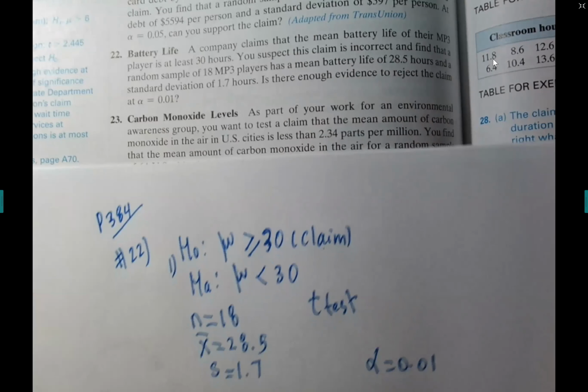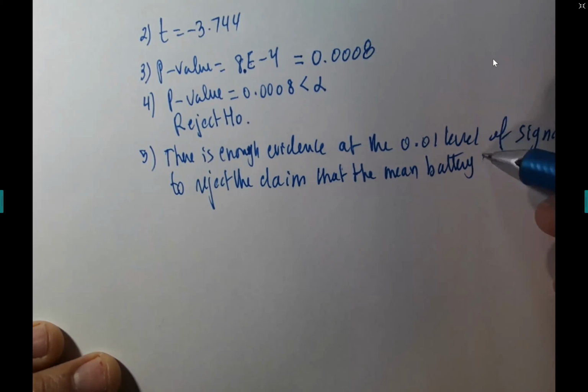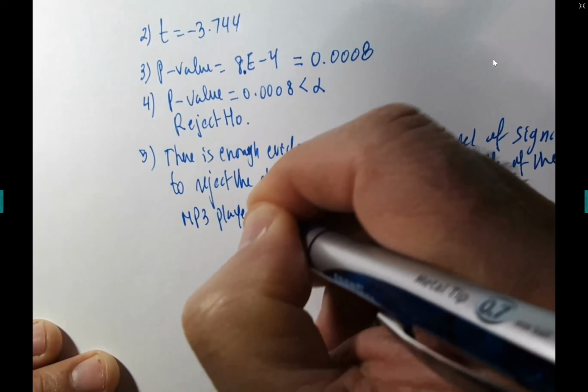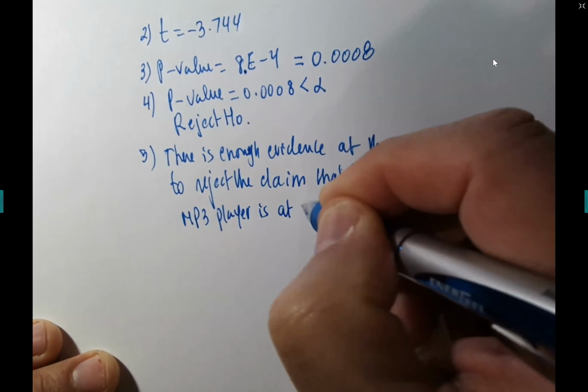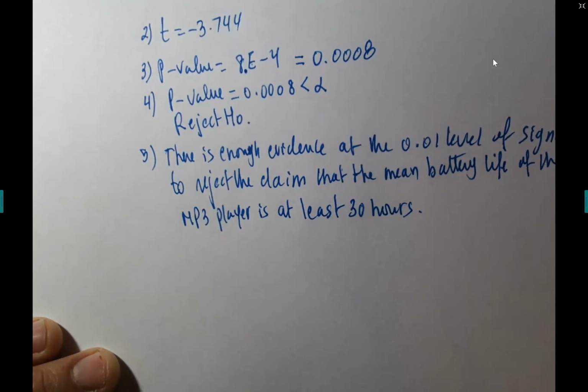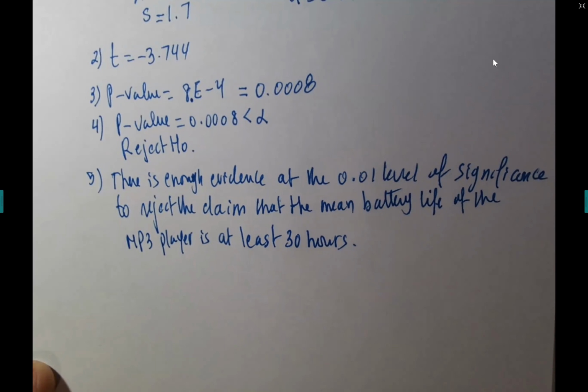I'm gonna write it down. You have to write for a reader. Tell them what the claim is, that the mean battery life. I don't know if anyone uses MP3 players anymore. So the claim of the company is wrong. We can reject their claim. But they're lying to us.